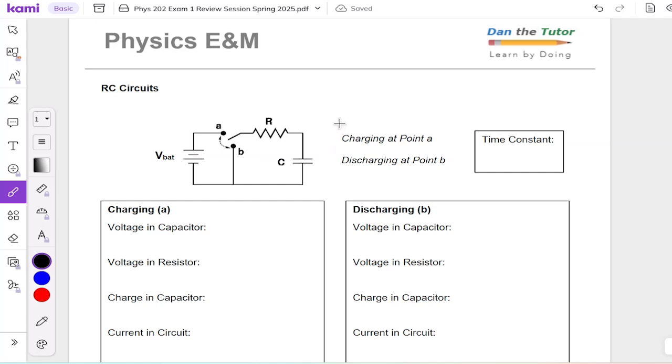So, point A: when you flip the switch to point A, this is a charging position because you're connected to the battery. Point B is called a discharging position because you're disconnected from the battery. What's interesting about the discharging position is that the capacitor acts like a battery.